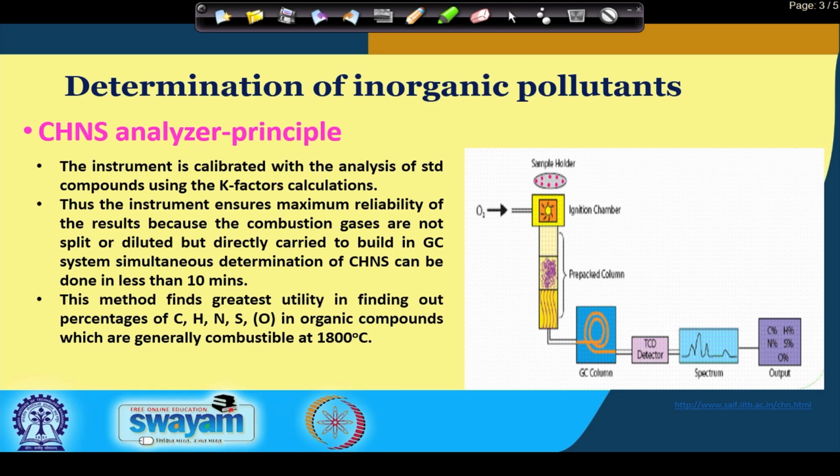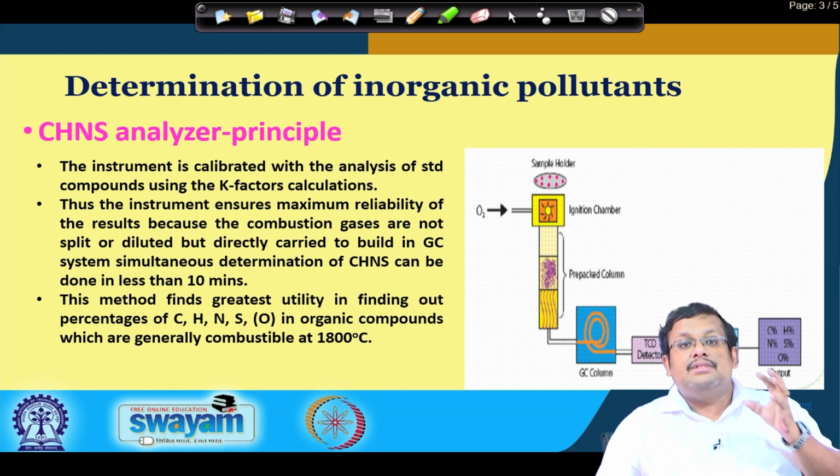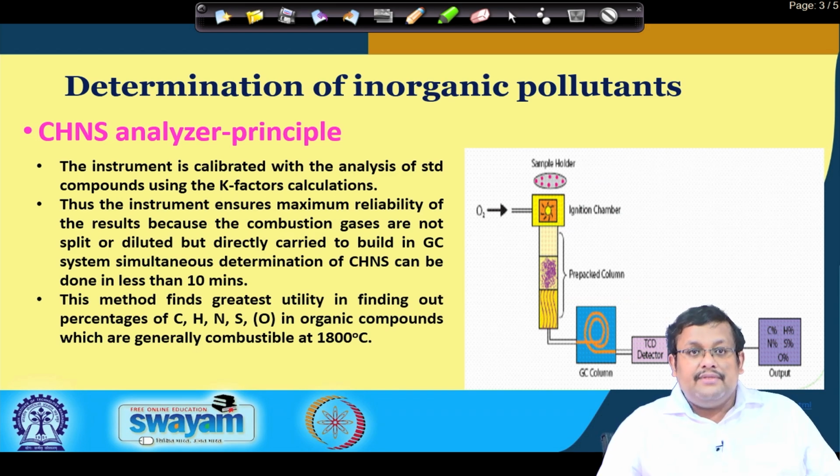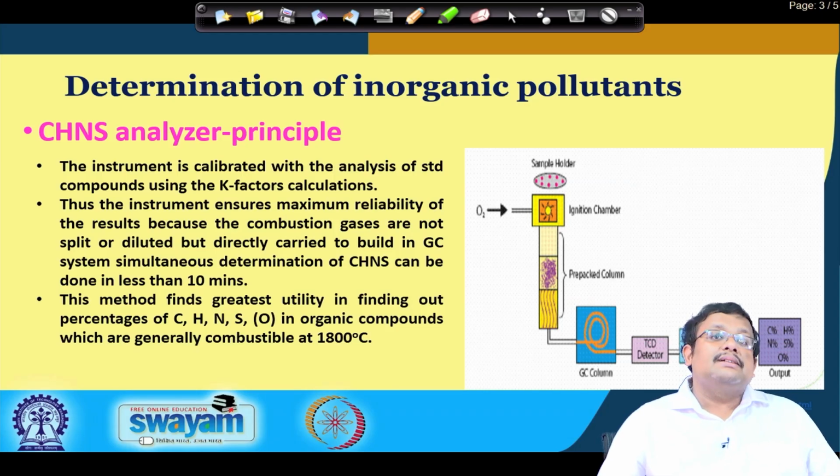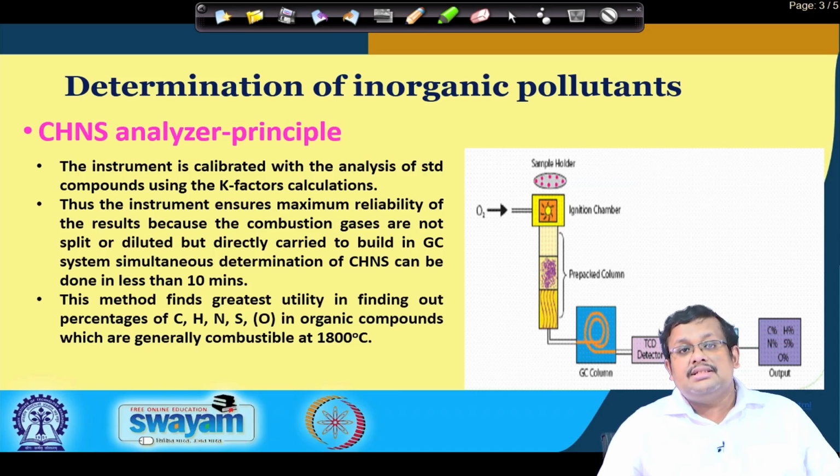So, they are not diverted anywhere, they are directly carried to the GC system for simultaneous detection of the CHNS in less than 10 minutes. So, it is very fast also. Now, this method finds greatest utility in finding out the percentage of carbon, hydrogen, nitrogen, sulfur and oxygen in organic compounds which are generally combustible at 1800 degree centigrade.